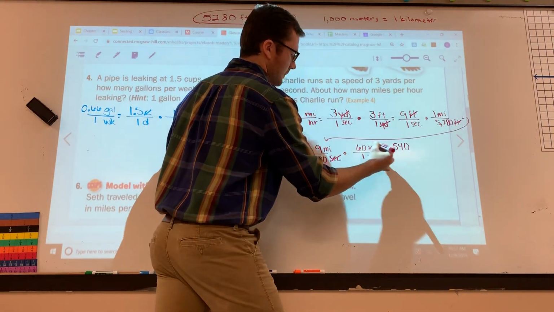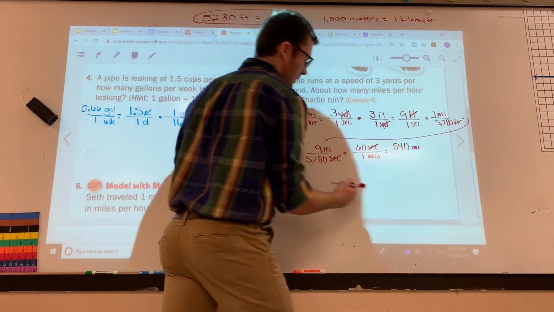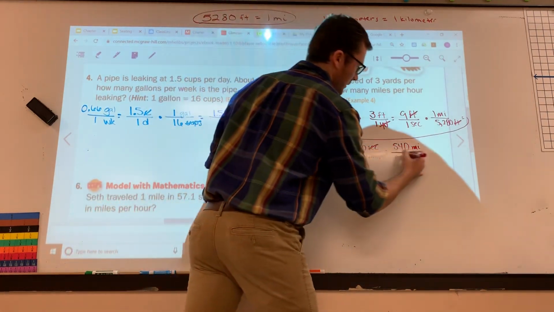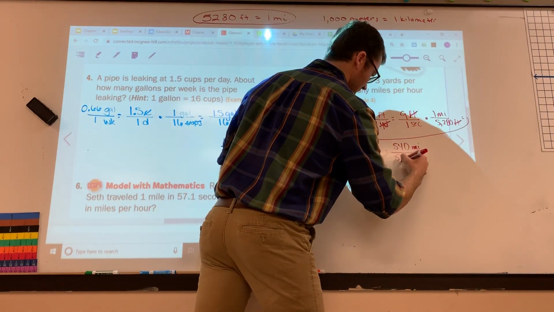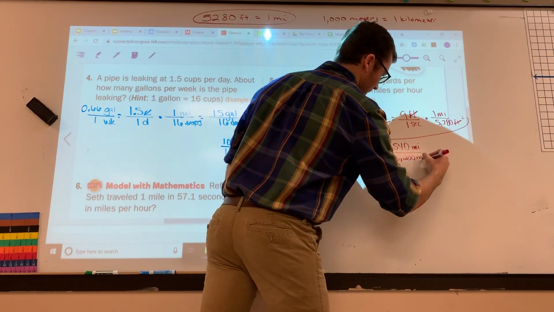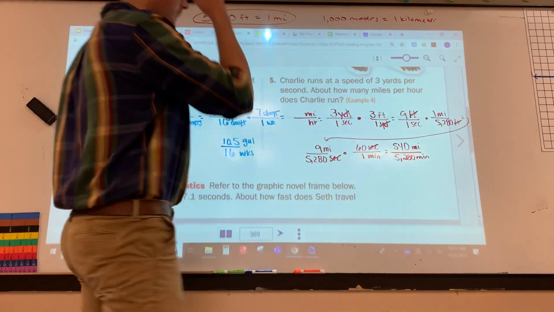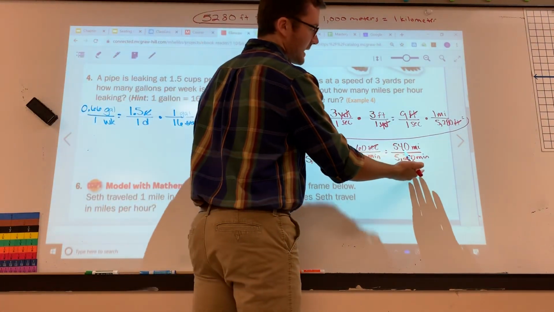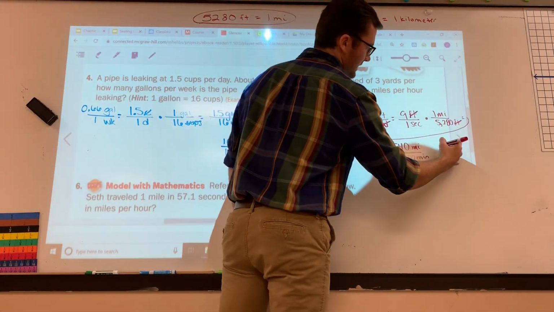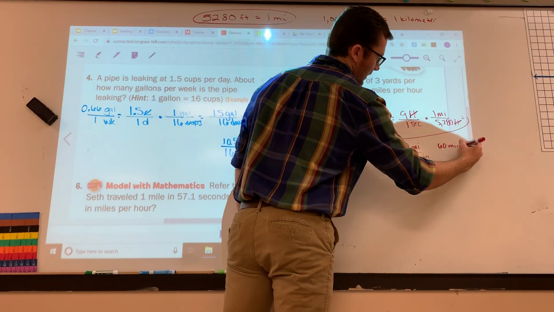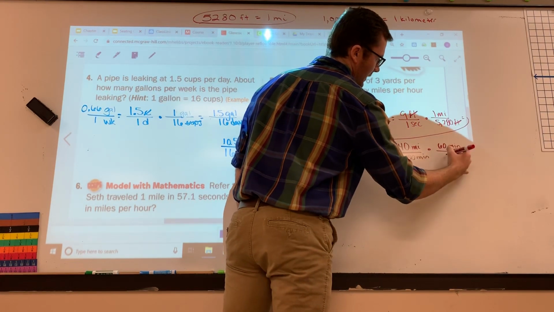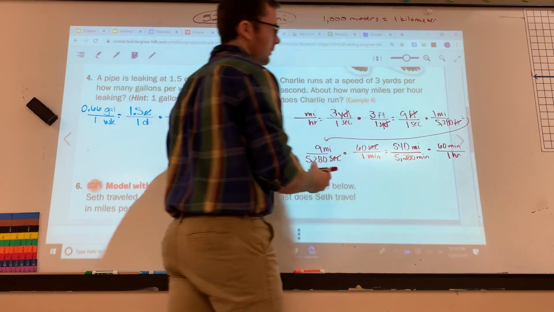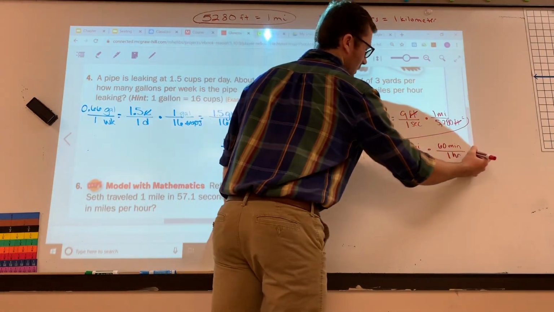These cancel out. Miles in 5,280 minutes. Okay. I'm still not at miles per hour, but I do know that there are 60 minutes in an hour. So I'm going to put the 60 minutes at top, so those will cancel out. And the 1 hour on the bottom, and this should finish us out.